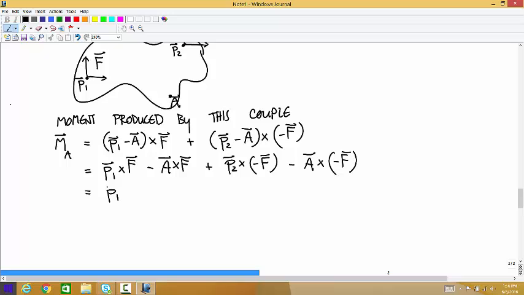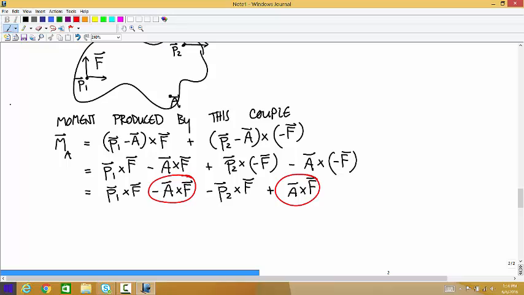And that's P1 cross F minus A cross F minus P2 cross F plus A cross F. The only two terms that have a dependence on A cancel each other out, a positive one and a negative one.